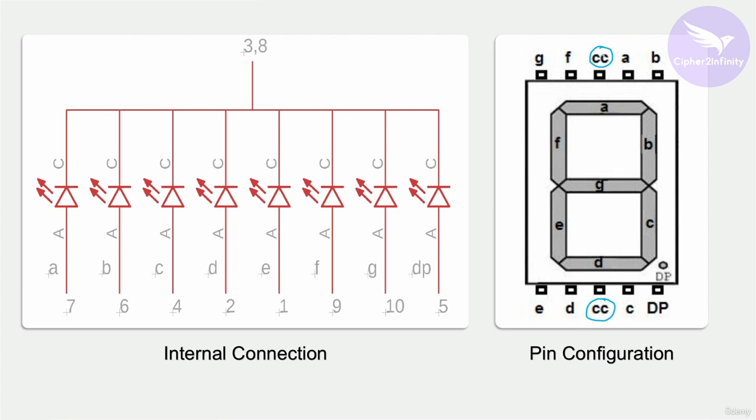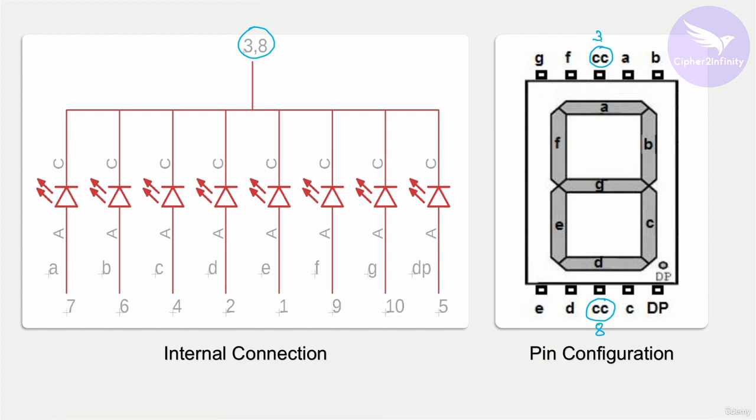And this CC stands for common cathode. If you observe, this is the internal diagram of this 7-segment LED display, and in this diagram, you can see the cathodes of all the LEDs are common. The pin numbers are 3 and 8. This is the 3rd pin, and this is the 8th pin. So this 7-segment LED display that you see is a common cathode LED display.